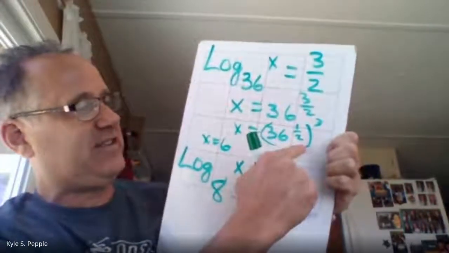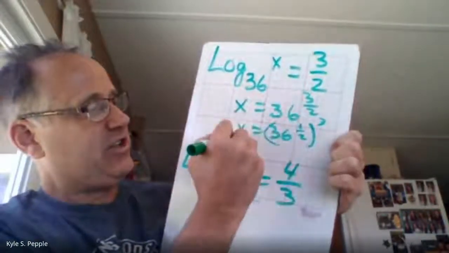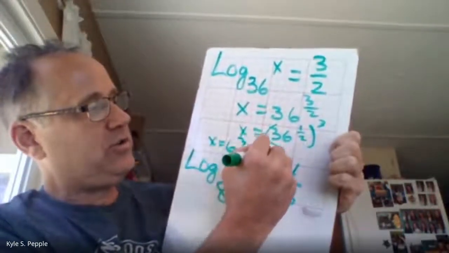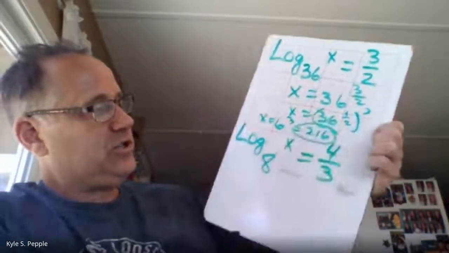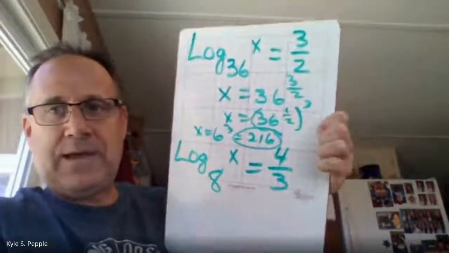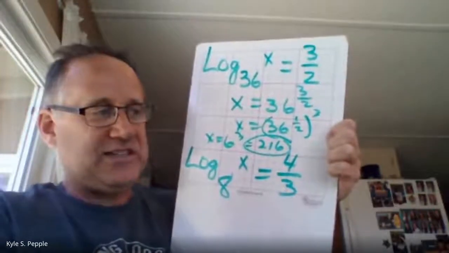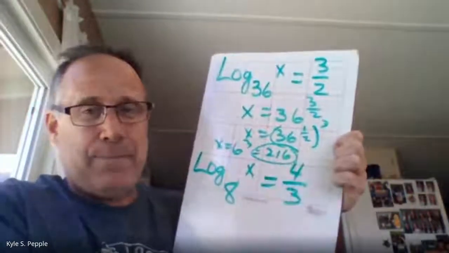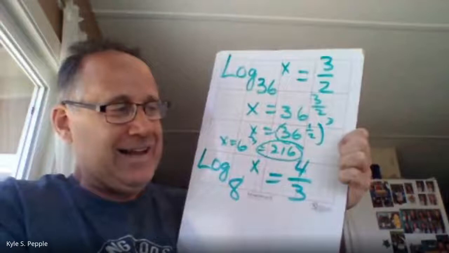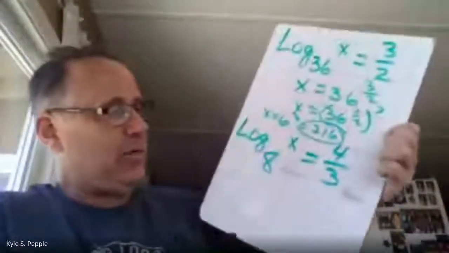So 36 to the 1/2 is 6, to the 3rd power equals 216. And you can see this example in example one. That's the example they show you.